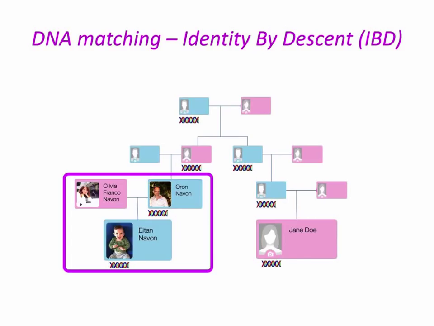That same percentage of shared DNA is coming from that common ancestor. And with DNA matching, that is what we are trying to find out: those segments, which we call identity by descent, which means the segments that were inherited from a common ancestor, and try to get to that person where it all started.